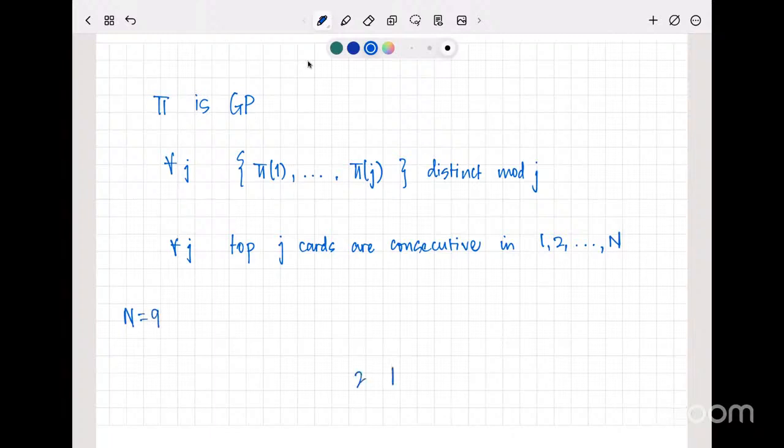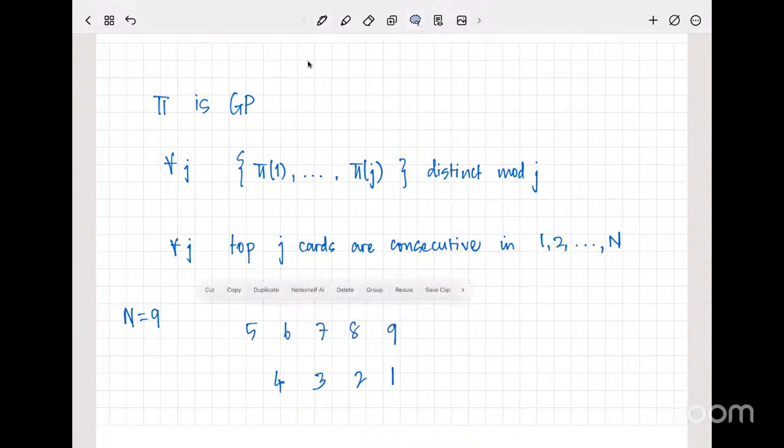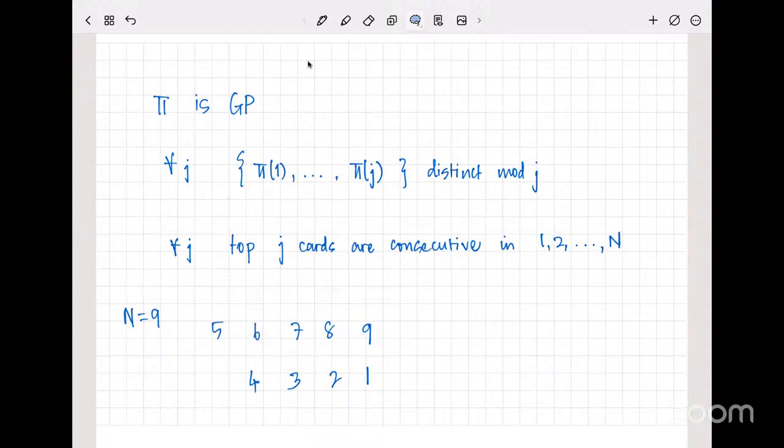I didn't space this out very well, but again, this side is the top, this side is the bottom.